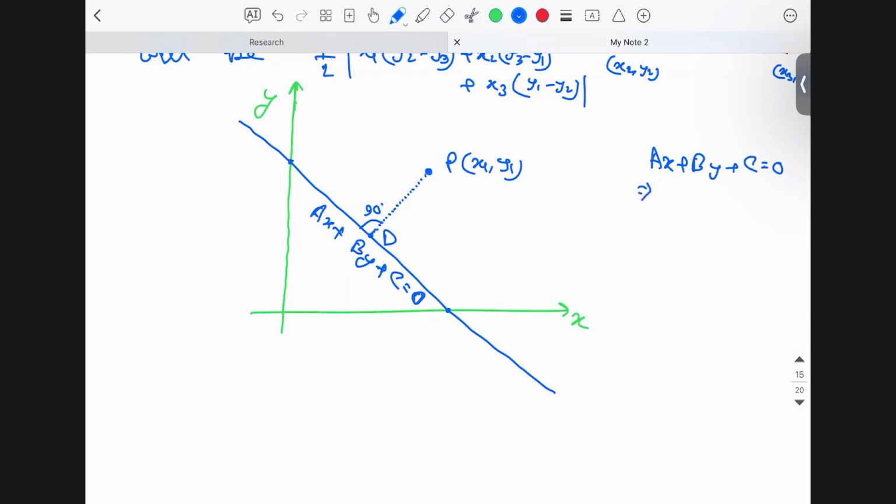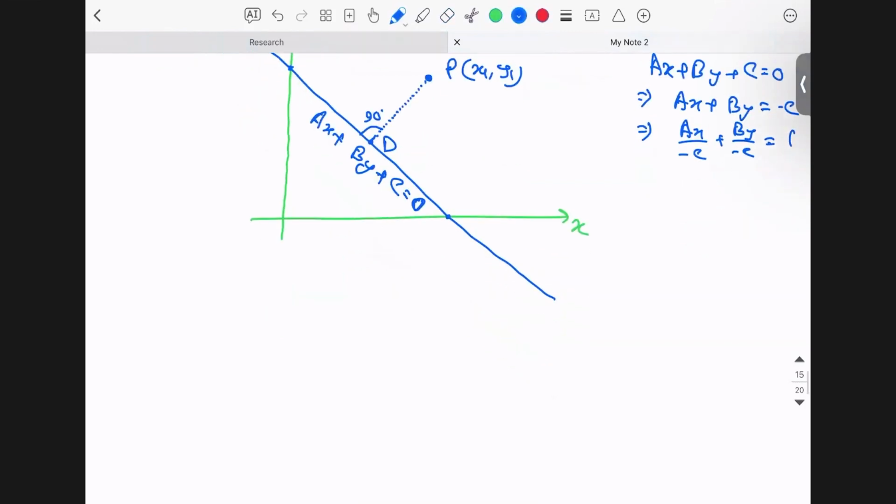Moving c across and dividing, it gives us x by minus c over a plus y by minus c over b equals 1.